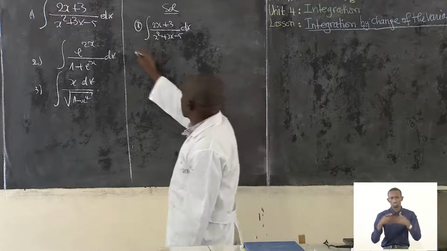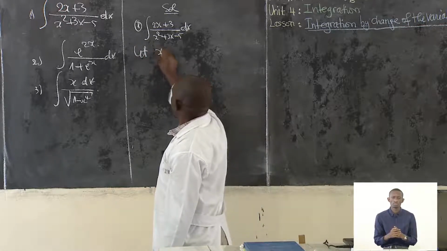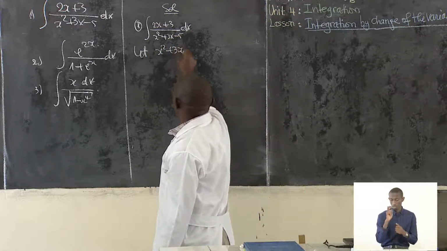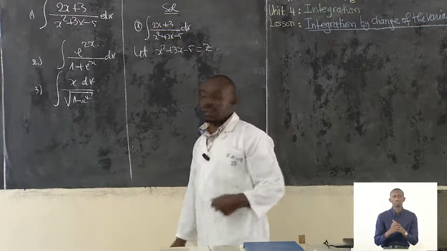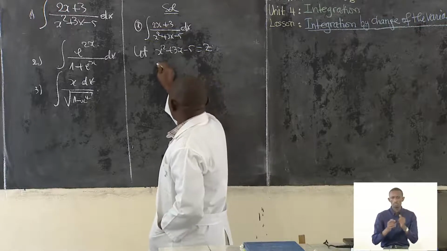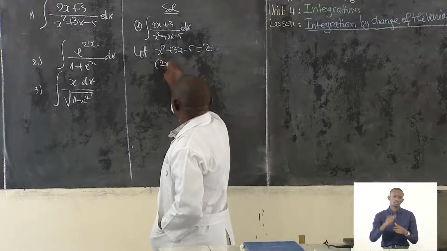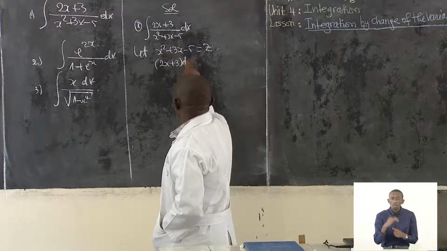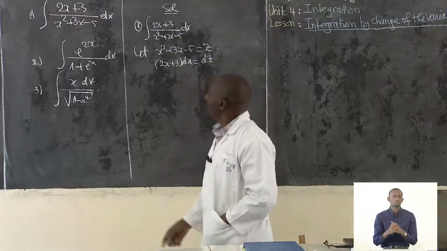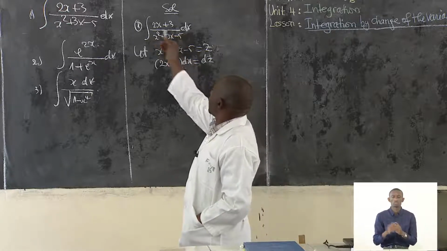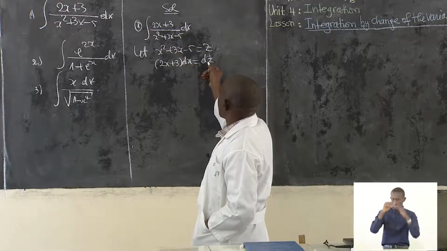So I can let x squared plus 3x minus 5 equal z. Differentiating both sides, I'll have 2x plus 3 dx equal to dz.